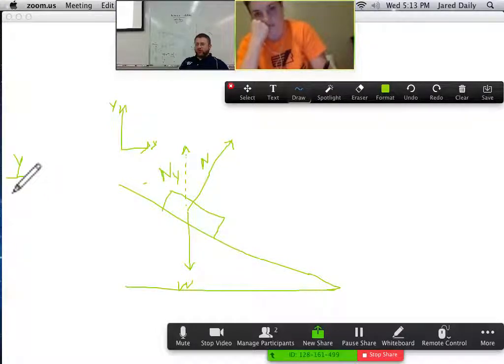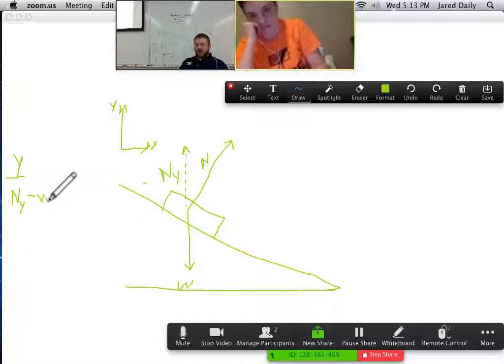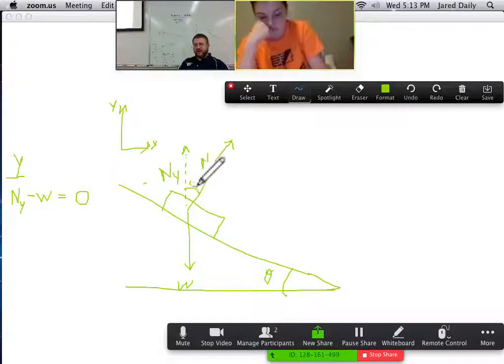We know that the normal in the y direction minus the weight of the car has to equal the mass times the acceleration in that direction, which is 0, because it's not going to accelerate up and down. The car doesn't go anywhere. So normal y minus the weight. Well, what is the normal y? This is the angle theta here, and that means this is our angle theta here.